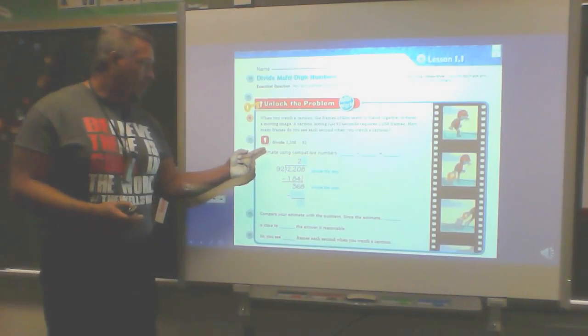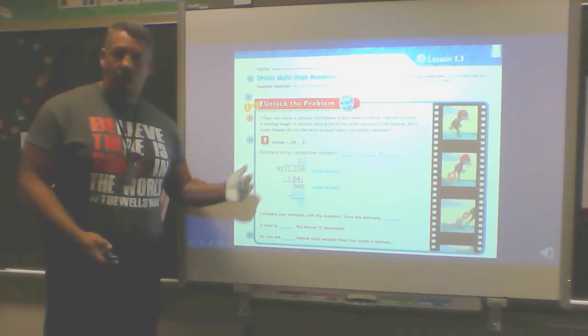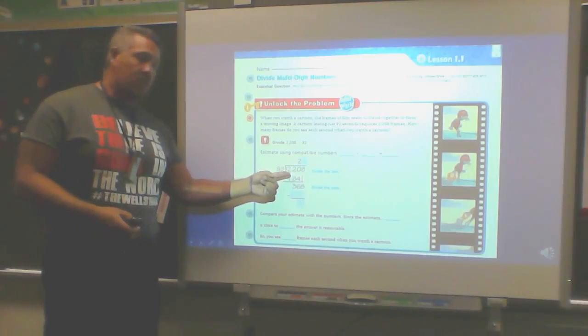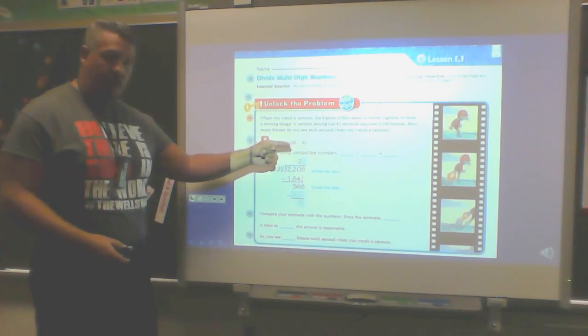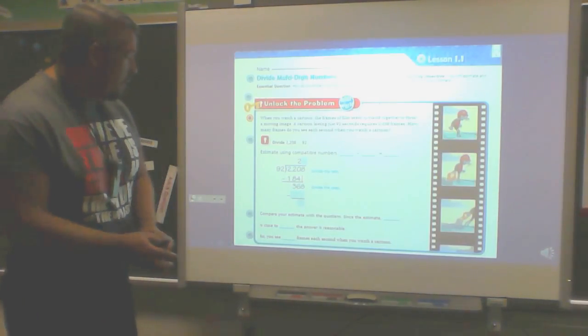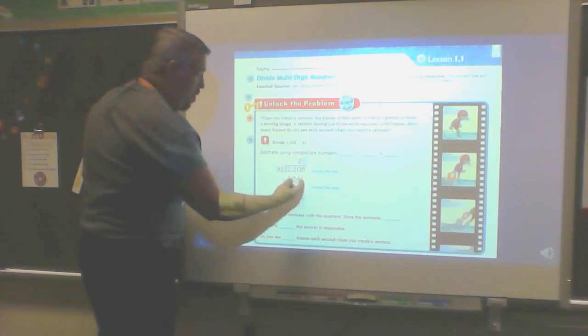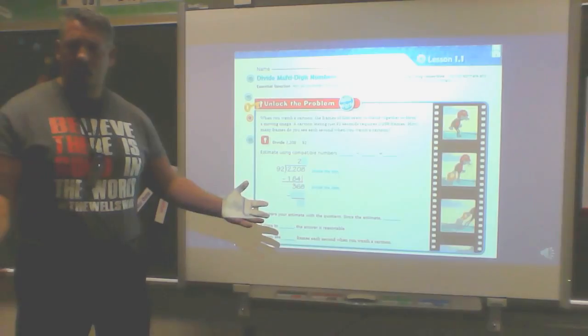So when I set it up, they give me my number sentence, and once again, the first number has to be my dividend, has to go inside my division box. And once I have that, then I know I'm going to divide by the second number, so that's going to be my divisor. Now they've already started it, haven't they? So I have the 2,208 divided by 92, and they have a 2 up above. Well, where does that come from?